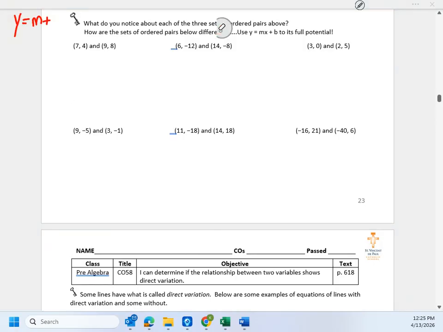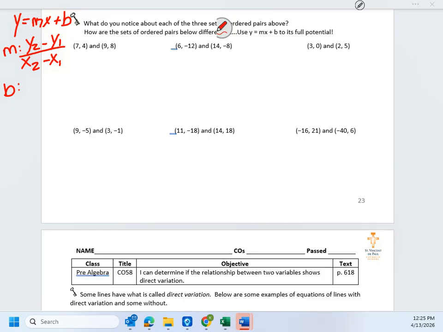We know to find the slope, we do y2 minus y1 over x2 minus x1. Now we need to see what we do when we're not given the y-intercept. More work we have to do, but it's not hard. It's just more steps to follow.